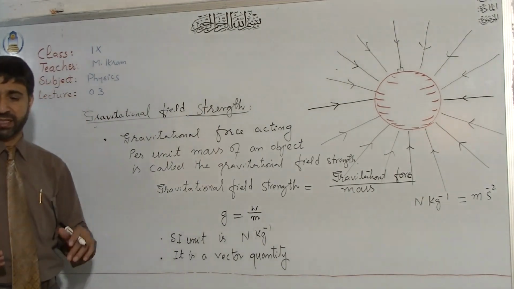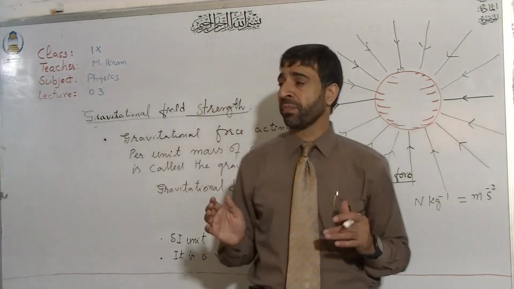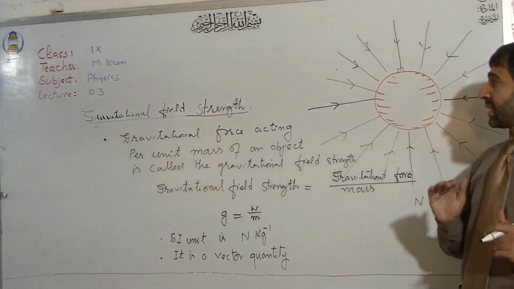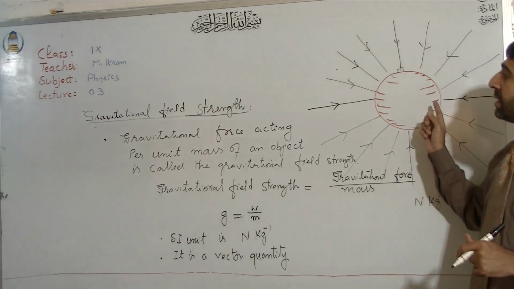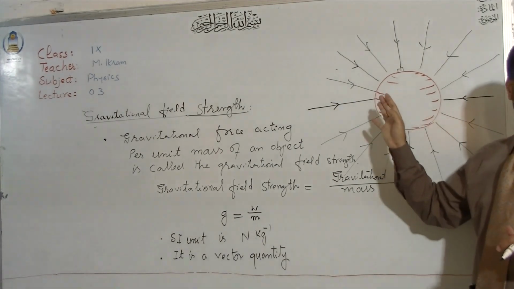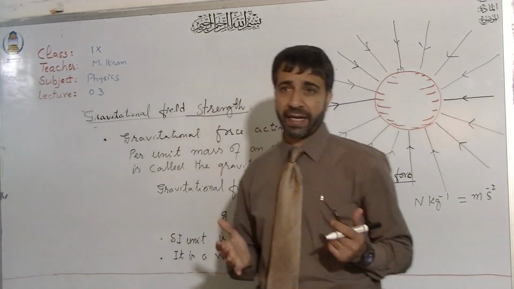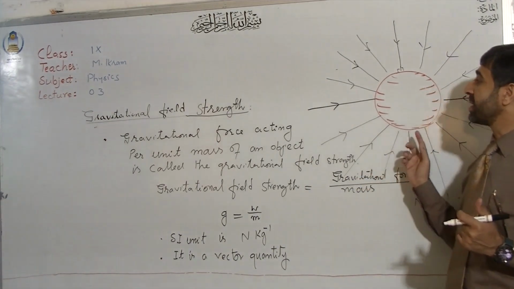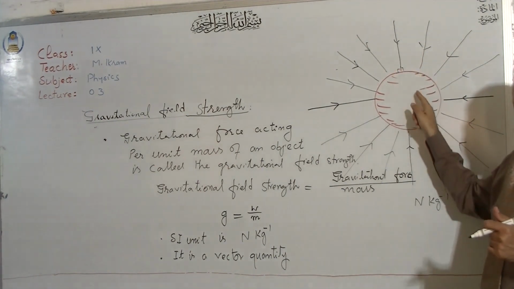So in today's lecture, you have learned about the gravitational field. The gravitational field is the region or the space around a massive object where the gravitational force acts. It is denoted by imaginary lines drawn radially inward.